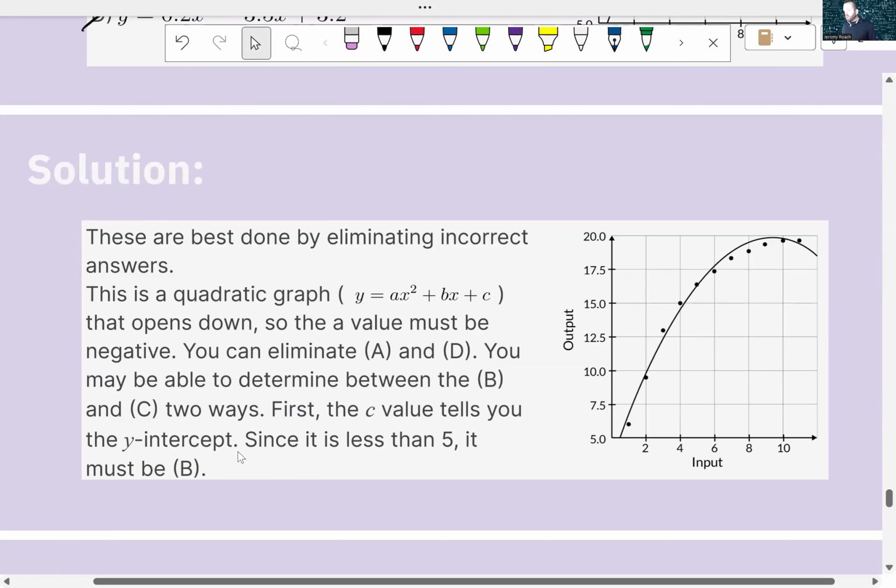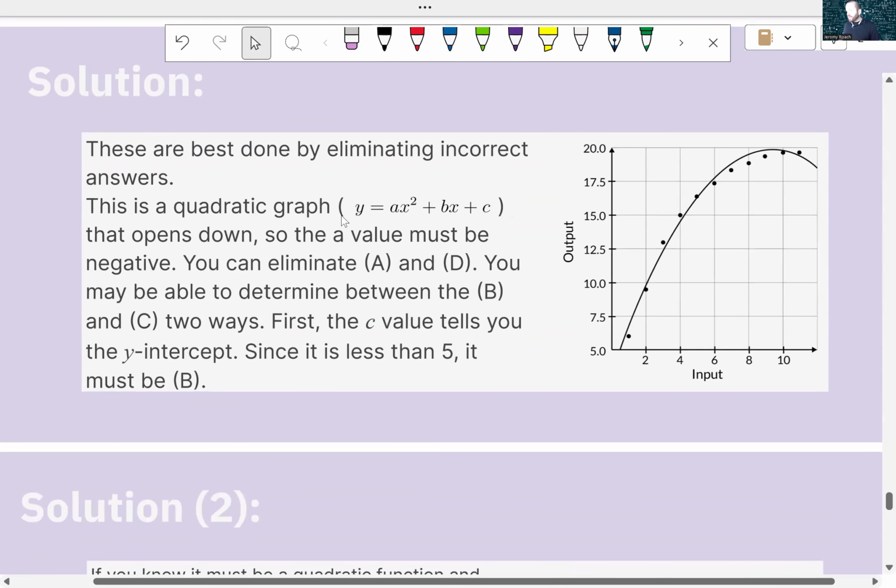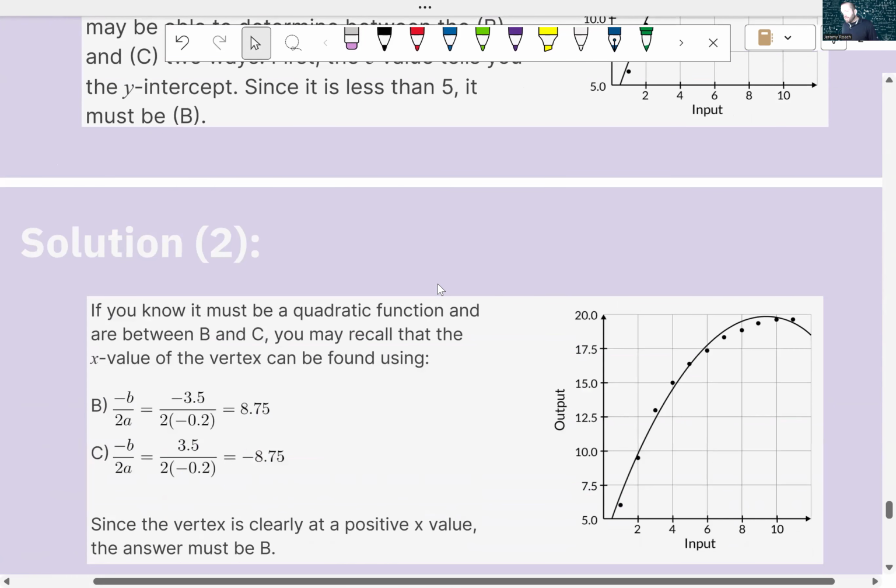Well, first of all, quadratic equations are in the form ax squared plus bx plus c. So that is definitely something to memorize. And this tells us as well here, we can eliminate A and D. We have to determine between B and C. I like to solve it this way.